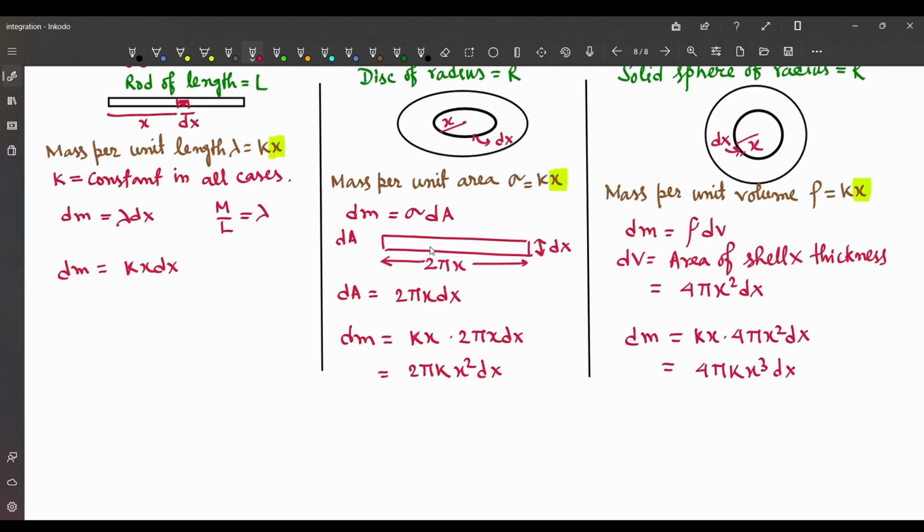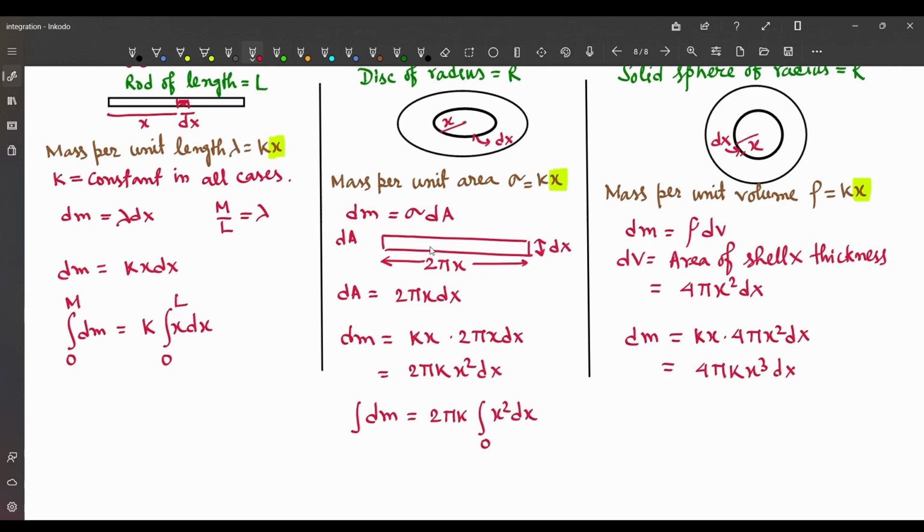Here in all cases, the elementary mass is a function of x. Now we can integrate this to get the entire mass of all bodies. For the rod, the integration of dm, k is constant, therefore integration of x, and the limit is 0 to L. When the length is 0, mass is 0, and when the length is L, the total mass is m. For the disc, integration of dm, here 2 pi k is constant, integration of x square dx.